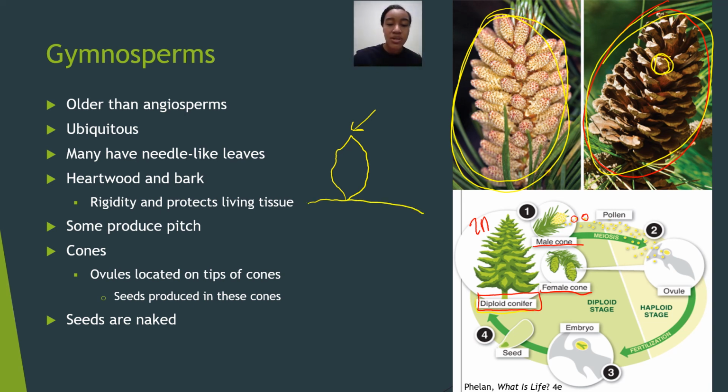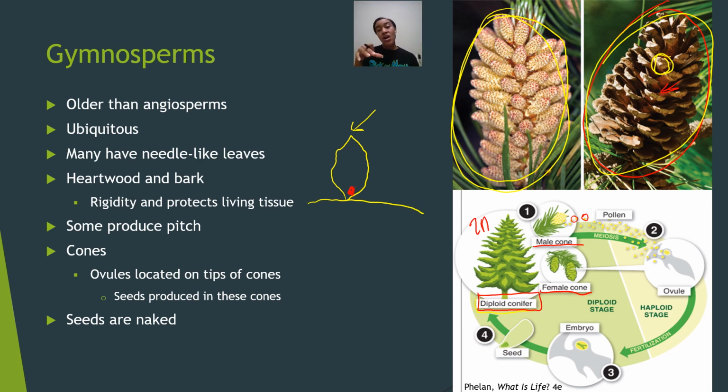The egg is located at the base of the cone, and then it's encased in an ovule. And then the pollen grain, when it gets carried by wind, gets into these little crevices and is able to get close to the ovule.